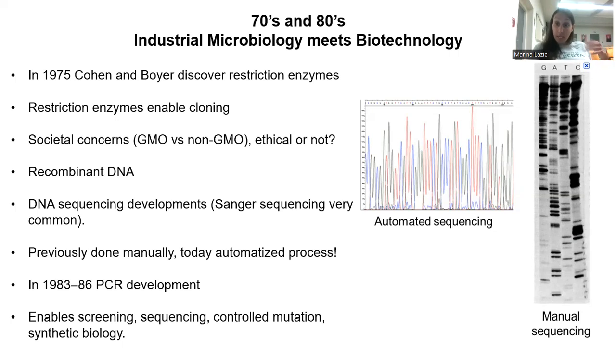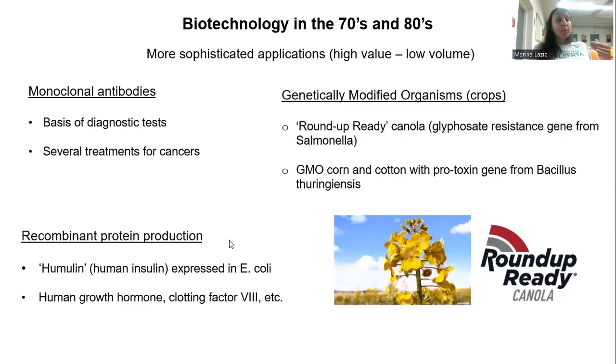In the 80s, PCR, the polymerase chain reaction, was developed, another revolutionary technology. That enables screening, sequencing, controlling mutations, basically everything you can think of when you say synthetic biology. So in the 70s and 80s, there were way more sophisticated applications: monoclonal antibodies, recombinant proteins, GMO crops.